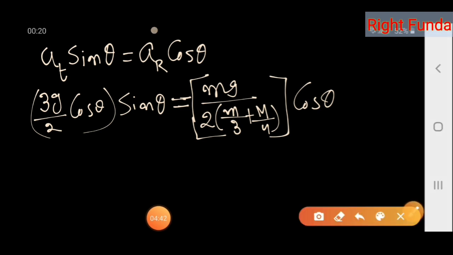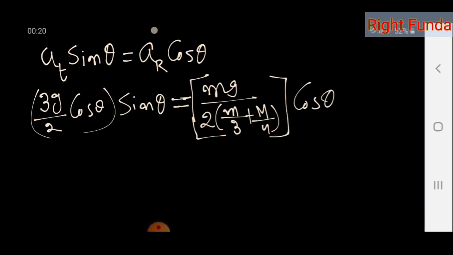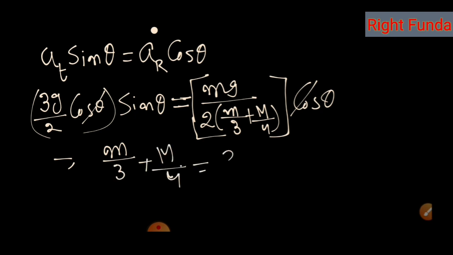We have substituted the values of a_t and a_r. After substituting we got this relation, and if we simplify, cos theta will cancel out, and we remain with m by 3 plus m by 4 equal to 2m by 3. Simplifying this, we get M by m is equal to 4 by 3.